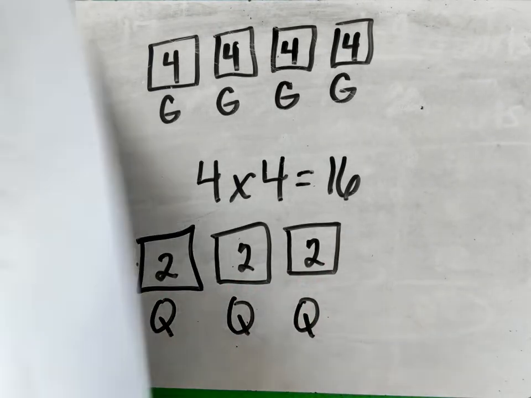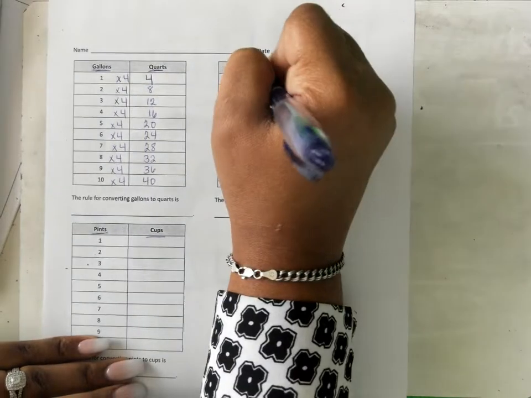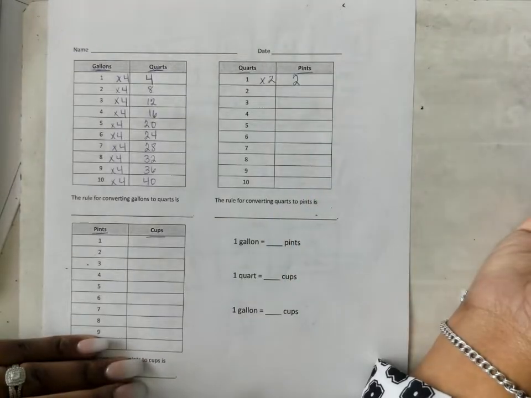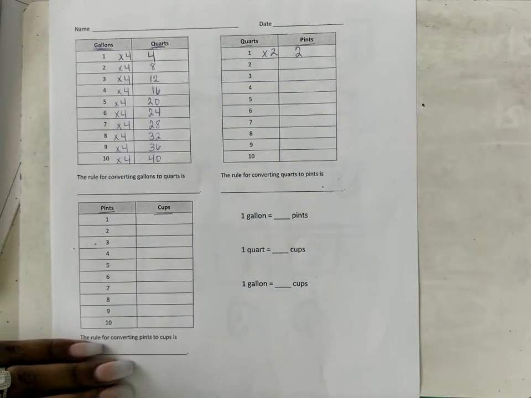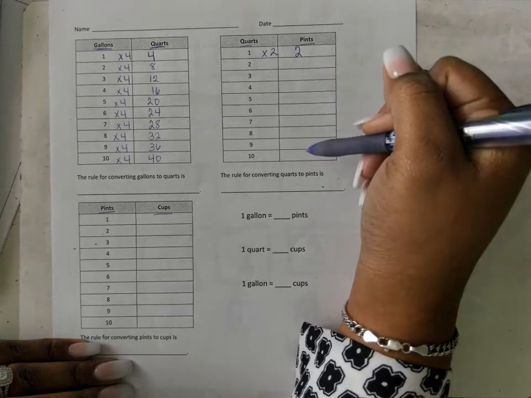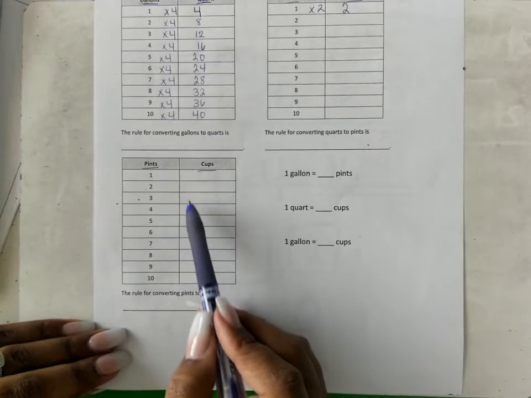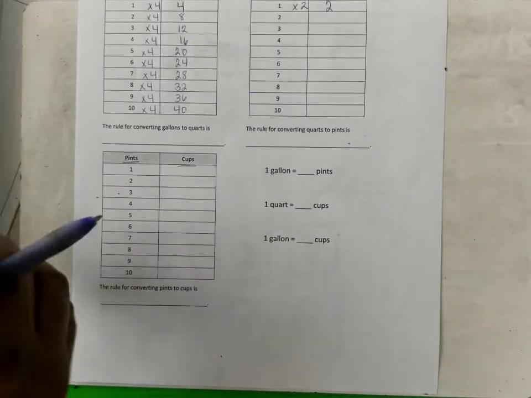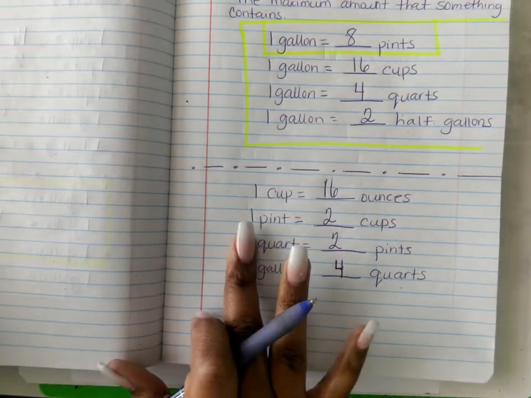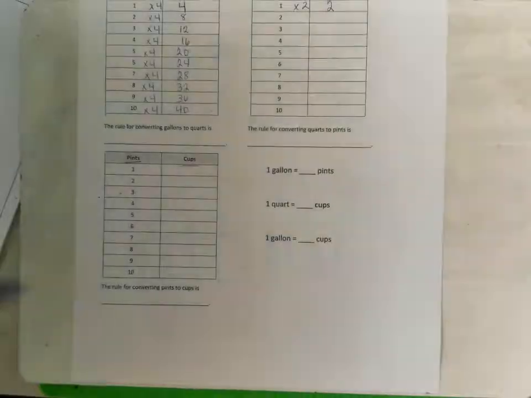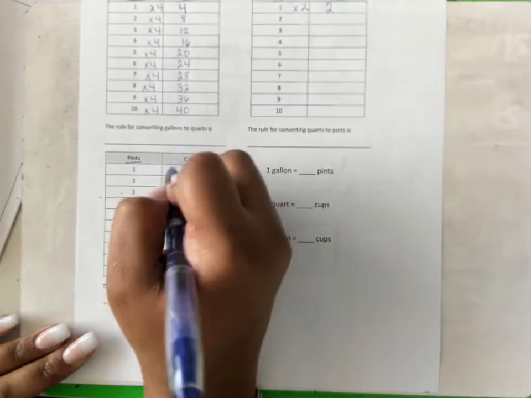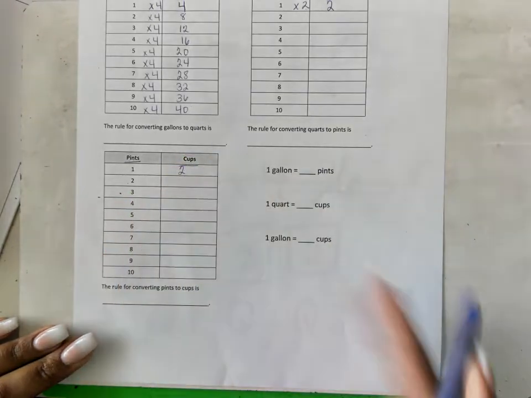So that's what you're going to do. Your rule that you're going to follow is times 2. And you're going to fill in your chart following the rule. Here, pints to cups. I have 1 pint is the same as 2 cups. Times 2.